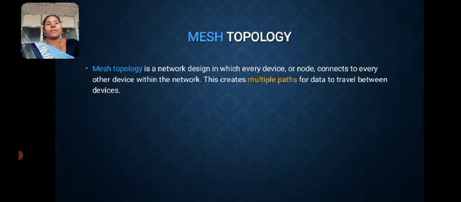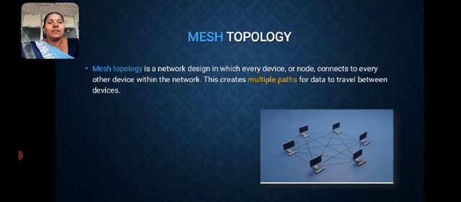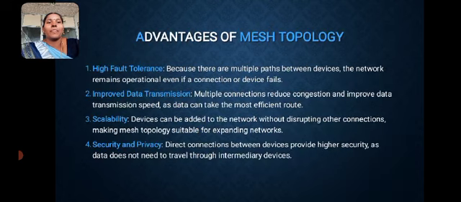Mesh topology is another network topology. Every device or node connects to every other device within the network. It creates multiple paths for data to travel between the devices. Each and every device should be connected to the other devices.